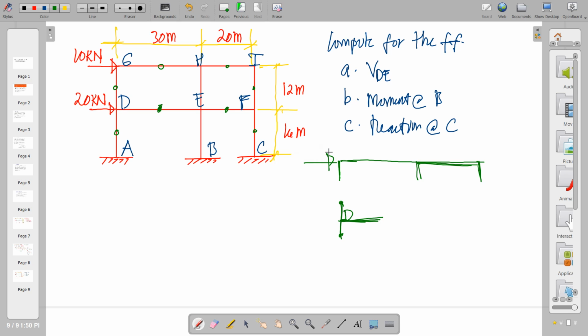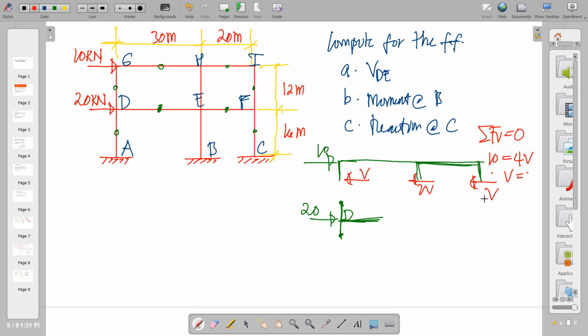Okay, say this is 10, and we have 20 here. So we compute for the shear first. So the interior column is twice the shear on the external column. Therefore, by summation of forces vertical, we can say that 10 is equal to 4V.